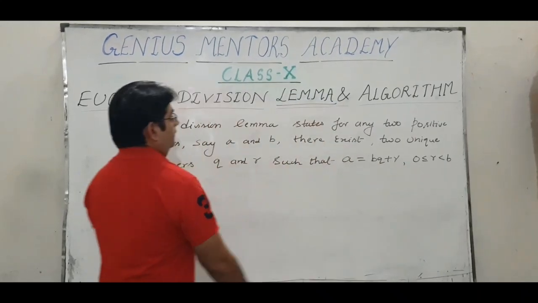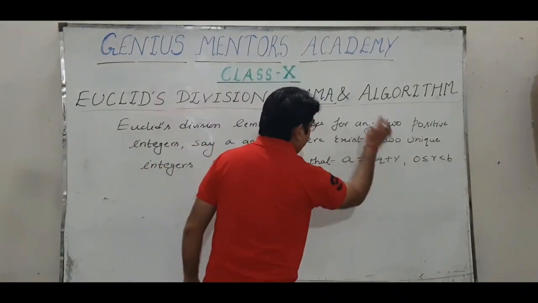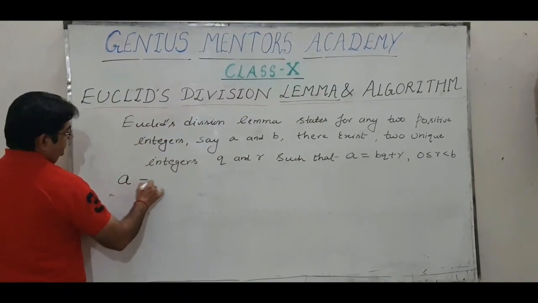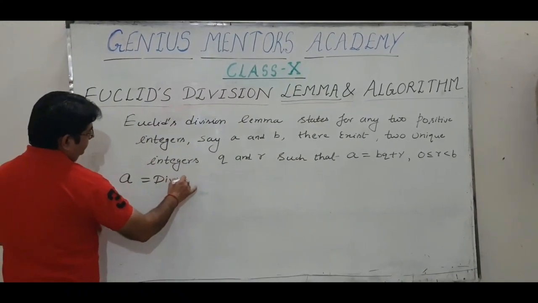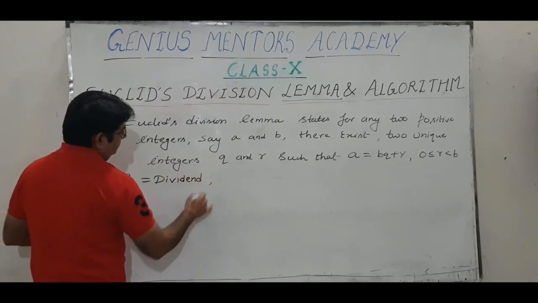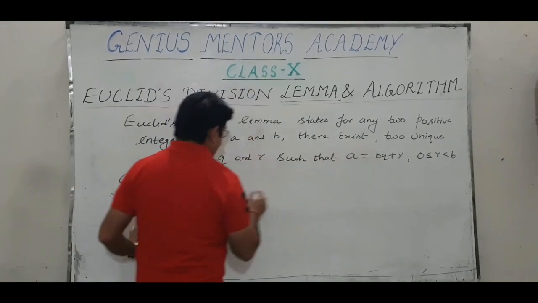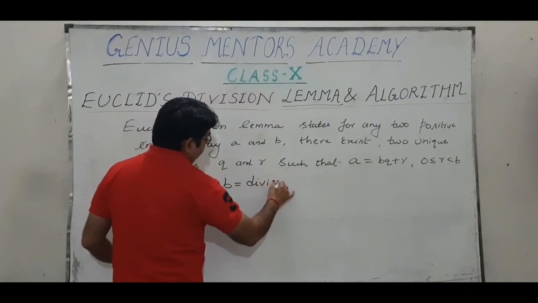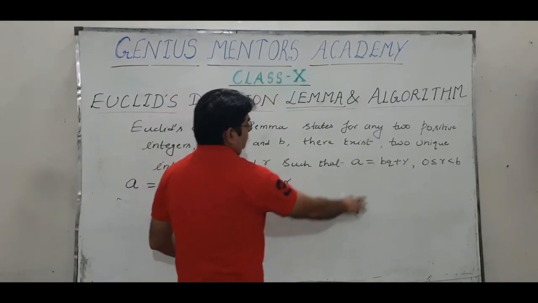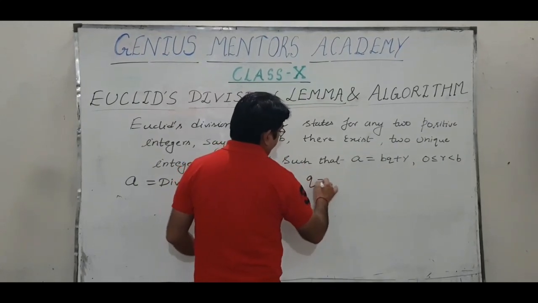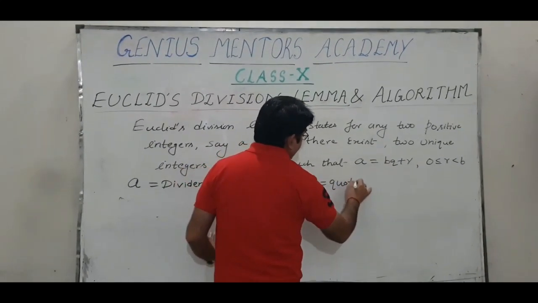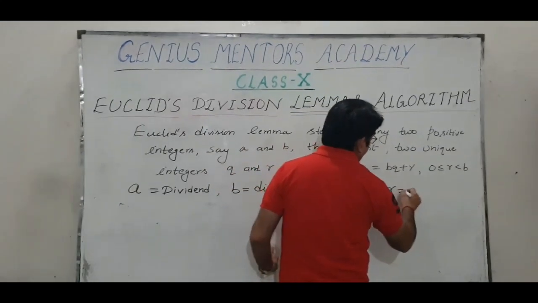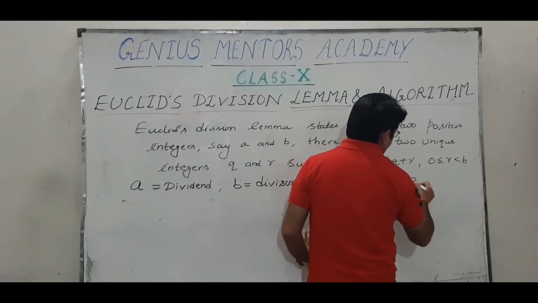Now what are a, b, q, r? So a is dividend, b is divisor, q is quotient, and r is remainder.